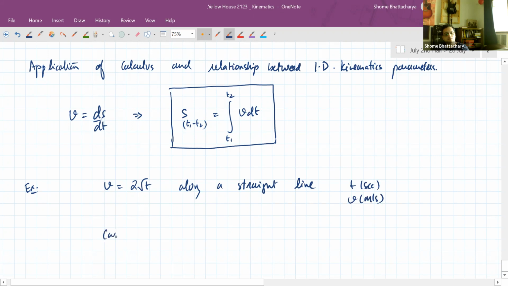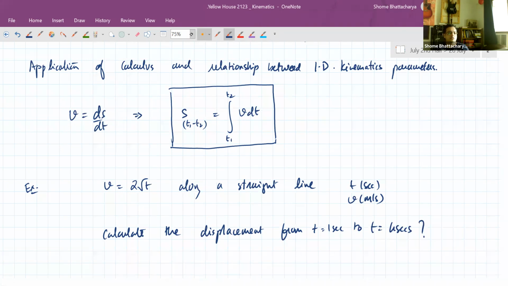So we want to calculate the displacement from t equal to 1 second to t equal to 4 seconds.